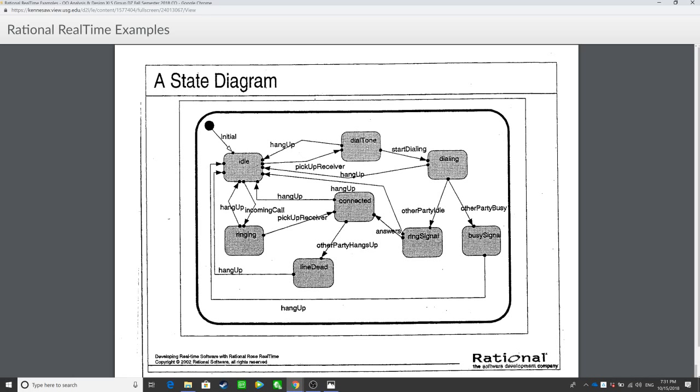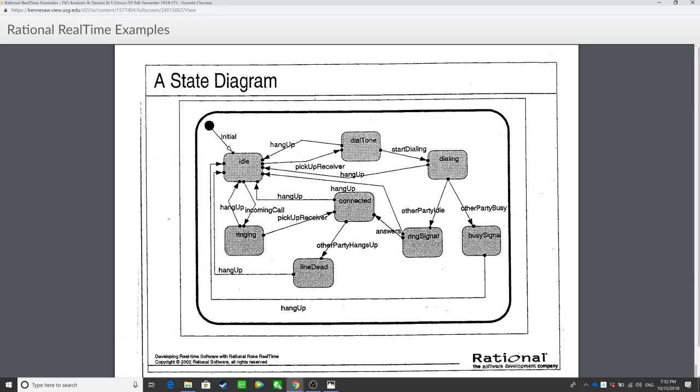However, you may notice that in all of these states, there is a reaction to the hang up event. If you are in the dial tone and you hang up, it goes back to idle. In dialing, hang up, go back to idle. If it's ringing, if you hang up, it goes back to idle, right?